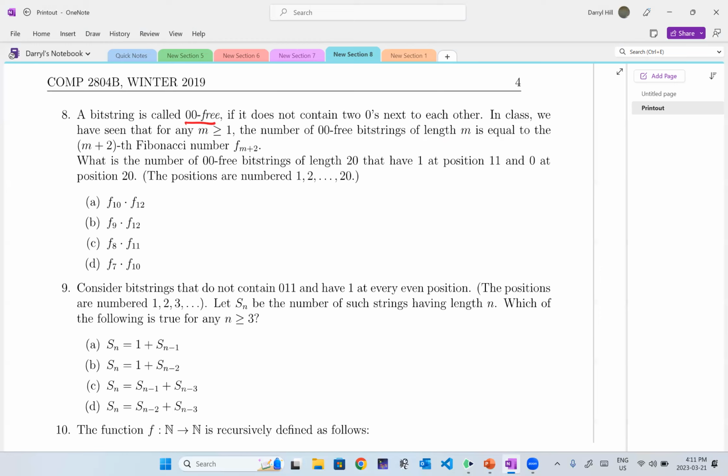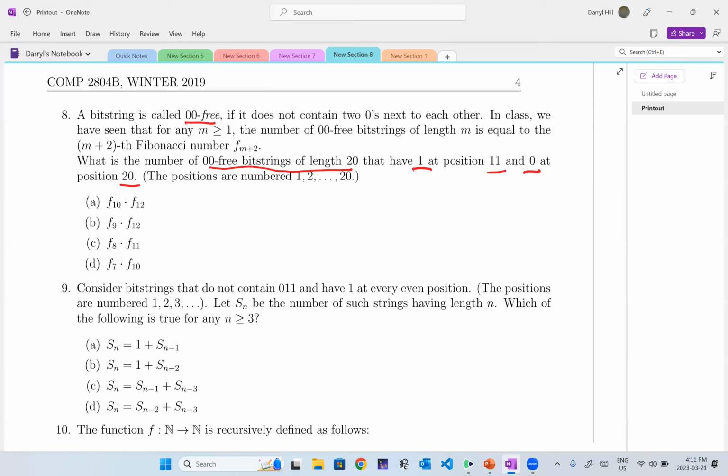Now we're going to count the 00-free bit strings of length 20 that have a 1 at position 11 and a 0 at position 20. Both of these things are true at once.